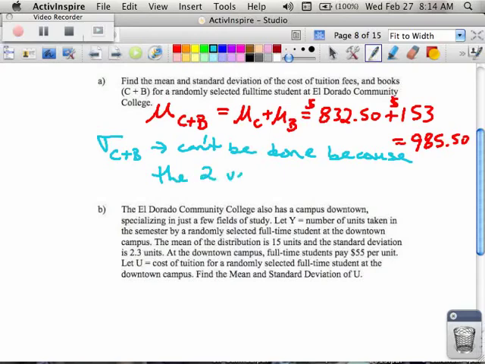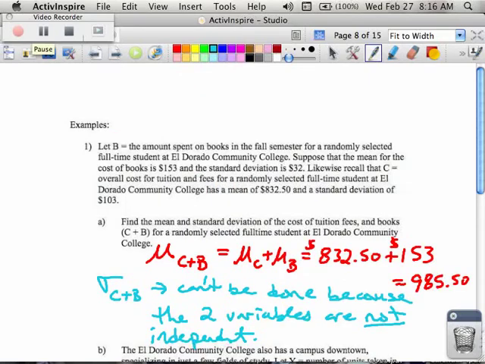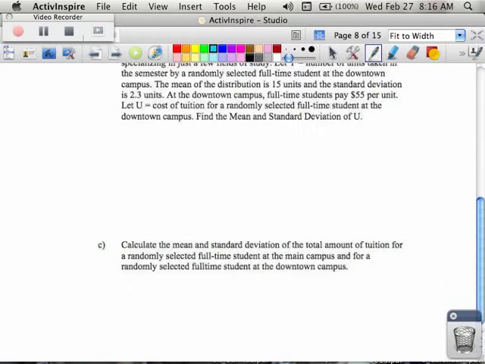The two variables are not independent. Or in other words, in order to know what's going on for each one, they'd have to give us the data for each one, because they depend on each other. We can't do the standard deviation. We don't know. Good questions.